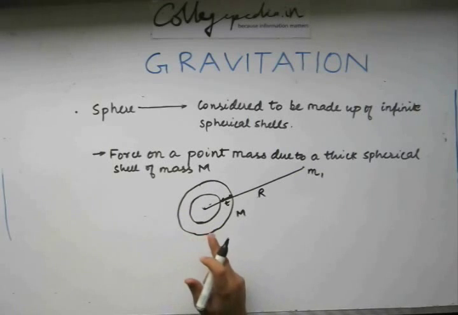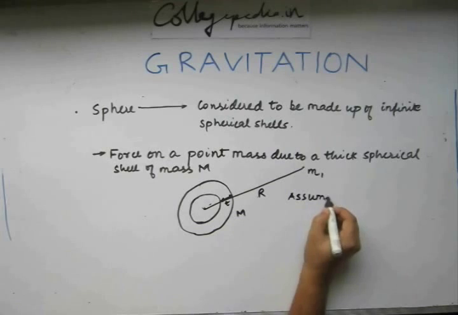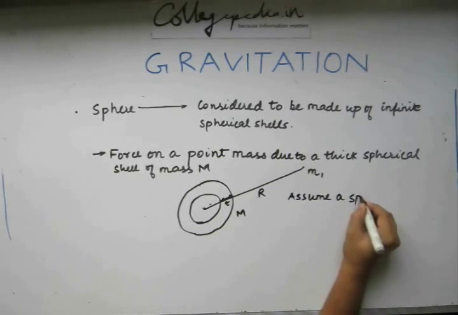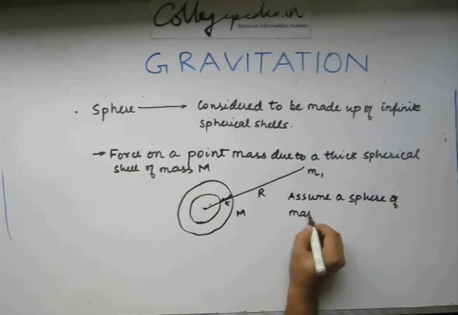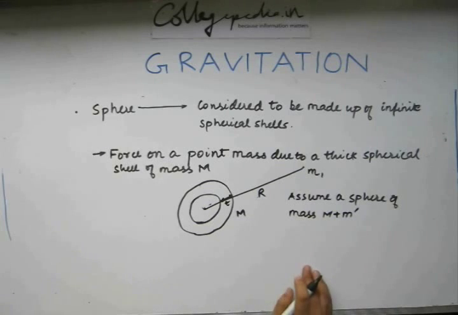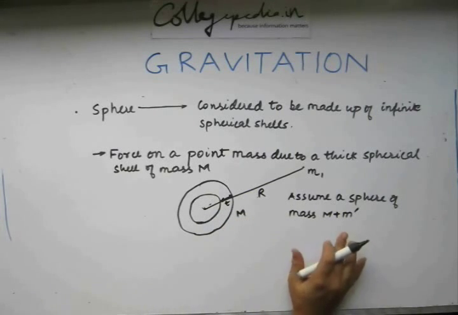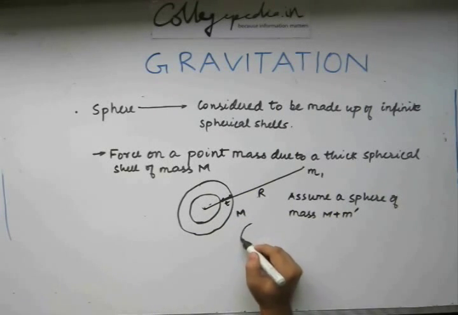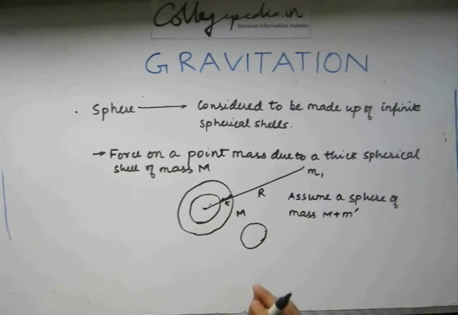To find this out, let us assume a sphere of mass m plus m dash. This m dash fills up the empty space between. So this void is now filled up. That sphere is now made up of infinitely many spherical thin shells.